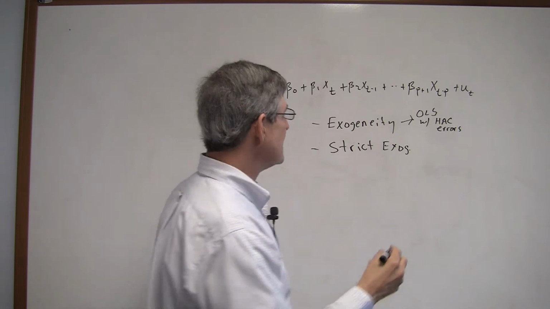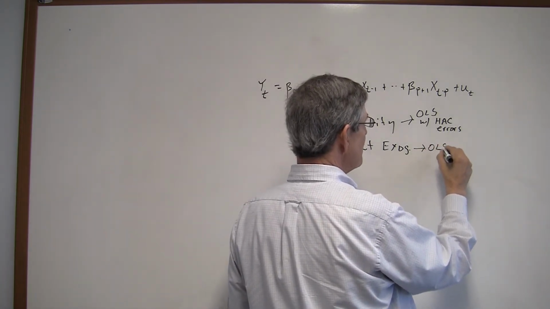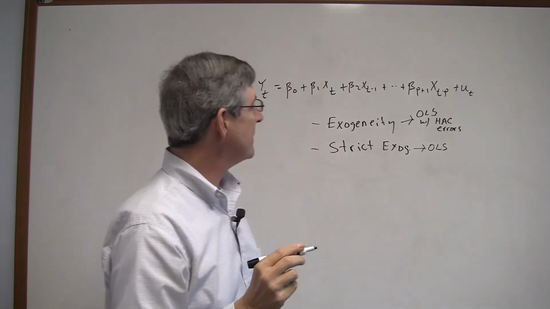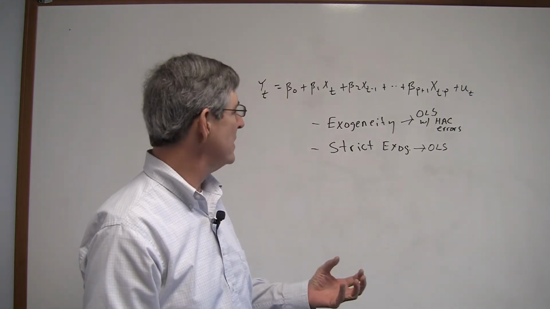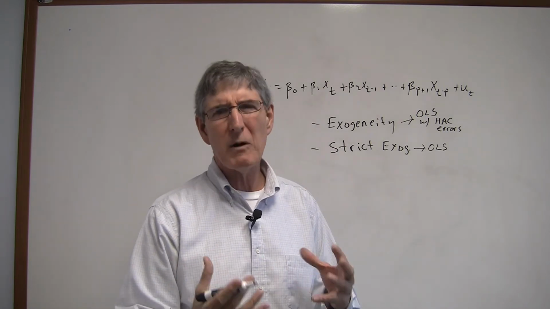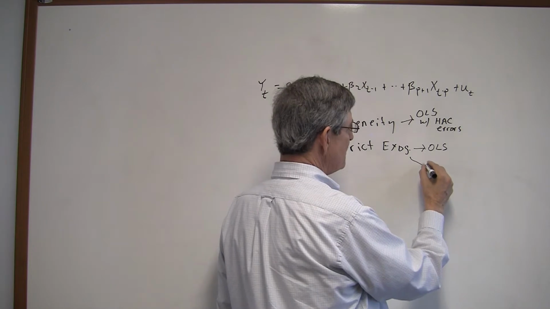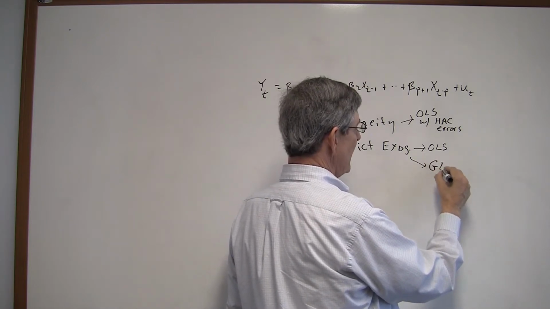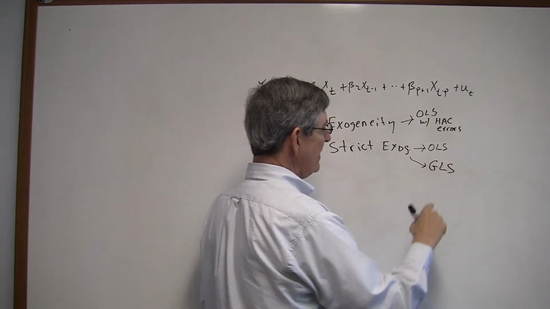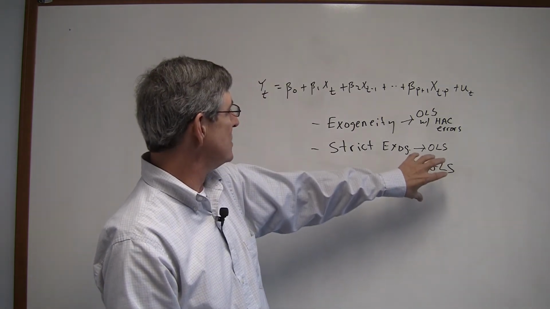When you have strict exogeneity, one way is to do OLS, but the form of the model that you need for OLS is not one that's really convenient to deliver the coefficient estimates. I'll be more precise about that later. And the other way will be a new estimation technique we use called GLS. So this is really the only new estimation technique in the chapters: what is this GLS?